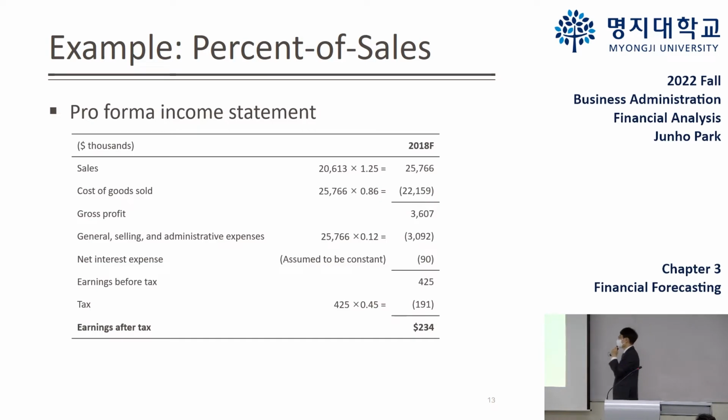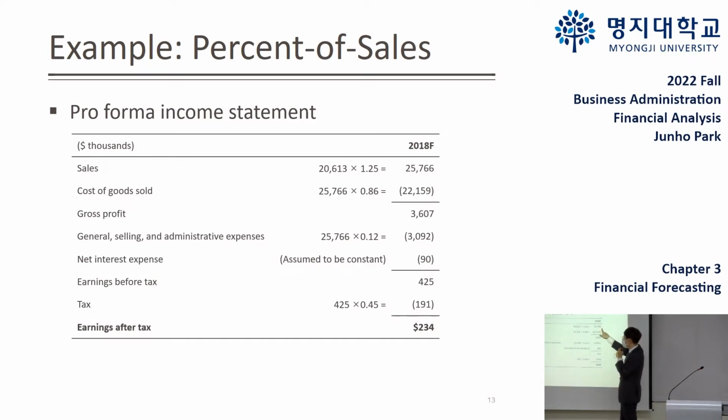And then based on this number, we are going to use the percentages that we have obtained to get the values for other items.